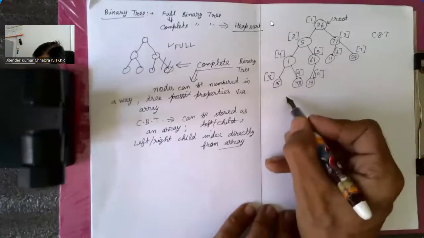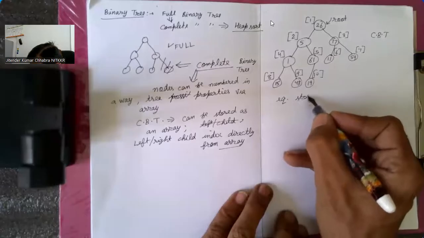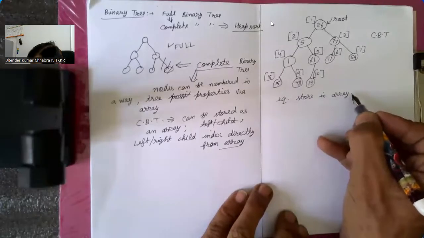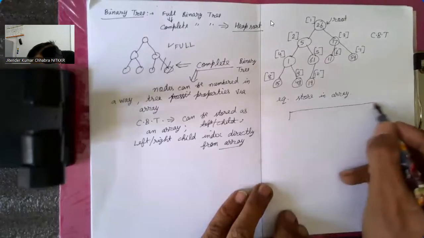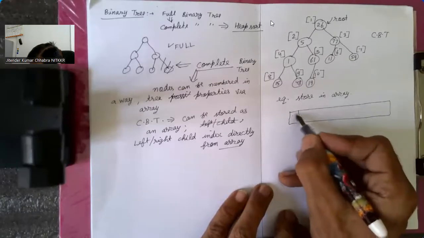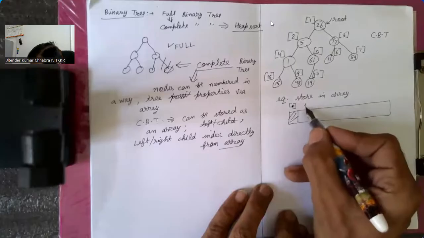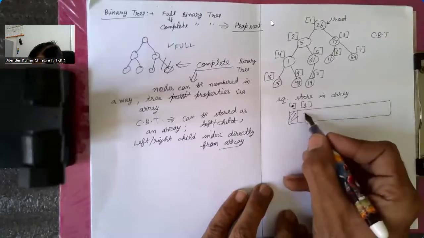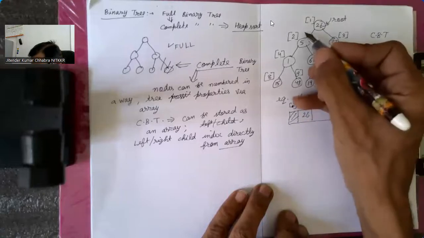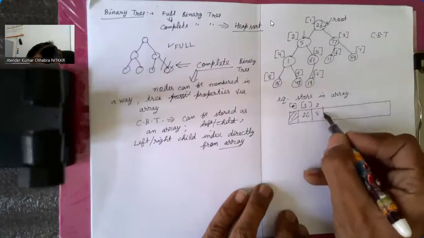Now this is equivalently stored as an array at respective indexes. So I can say the whole binary tree with all its properties, at index 0 I will store nothing, but from index 1 onward I will store the corresponding value. At index 1, 26. Node number 2 is 5, so I will have 5 here at index 2.